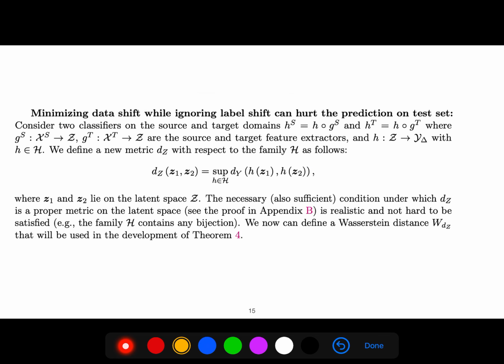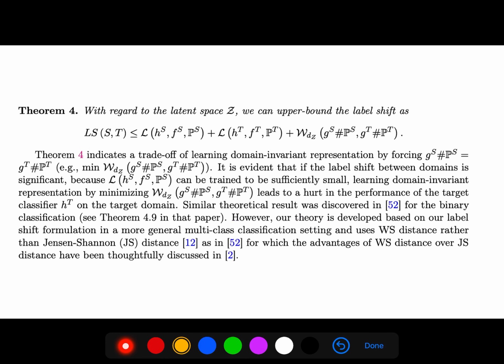Minimizing data shift while ignoring label shift can hurt the prediction on test set. So we define a new metric, D sub Z, with respect to the family of hypotheses. And you know that, like previous two videos, Z1, Z2, they lie in the latent space. So we have this upper bound on the label shift.